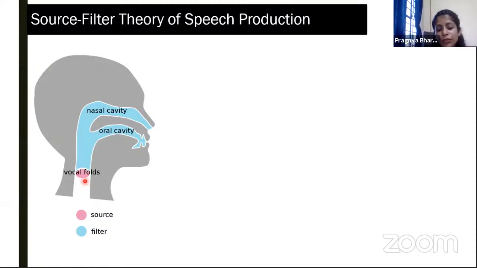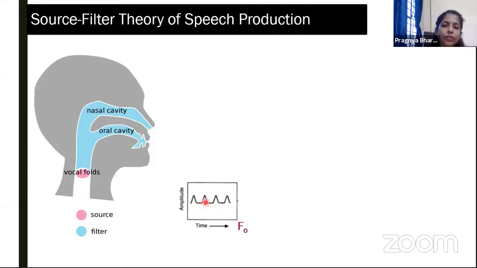So the vibration of our vocal folds gives rise to what is known as the glottal pulse. And this glottal pulse repeats at a rate of the vibration of the vocal folds, which is inherent to each individual, and it is characterized by the fundamental frequency.